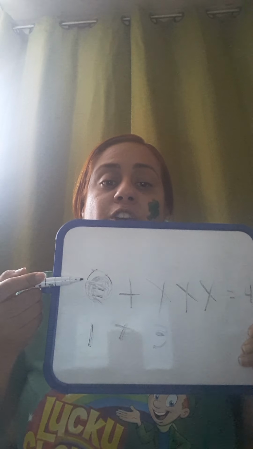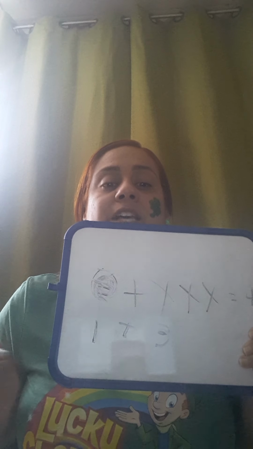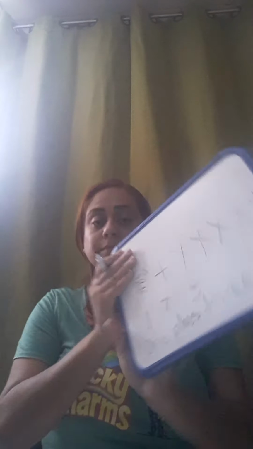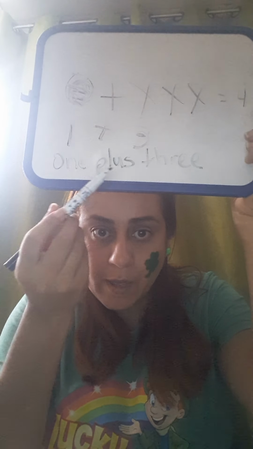So we have picture expression, number expression. Now let's do the last one, which is word expression. And the word expression will be 1 plus 3. Let's see. Yeah. 1 plus 3.